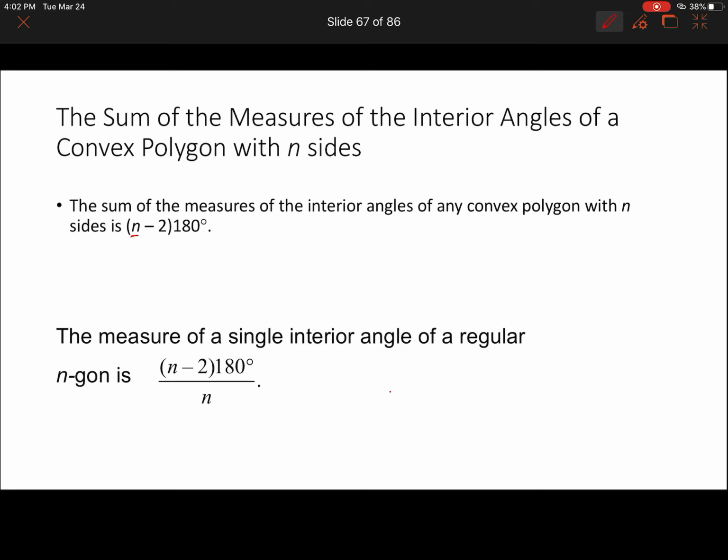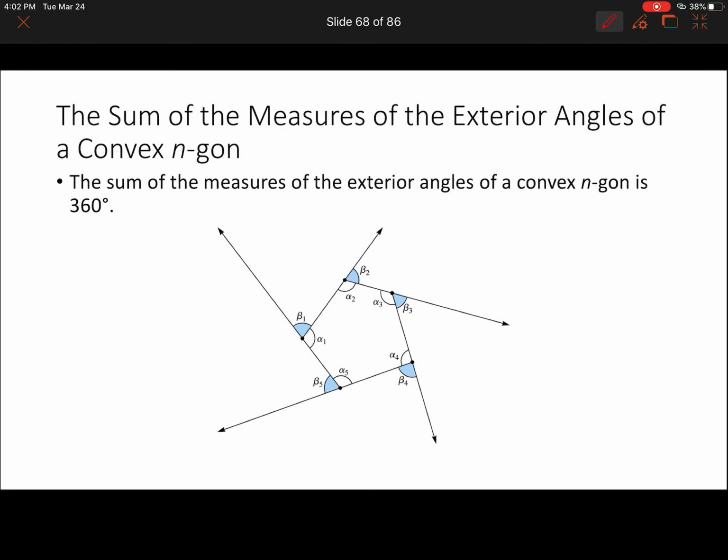So if we want to know the measure of one angle in a regular polygon, we could find its total measure and divide by the number of sides. That should tell us how many angles there are. And that's what this formula at the bottom says. So with that in mind, let's talk about exterior angles, because we're going to use both of these in just a minute in our final example.